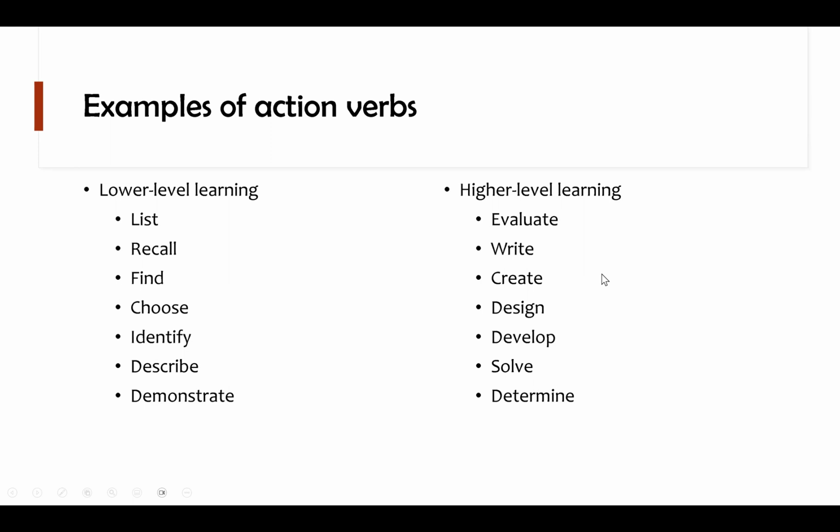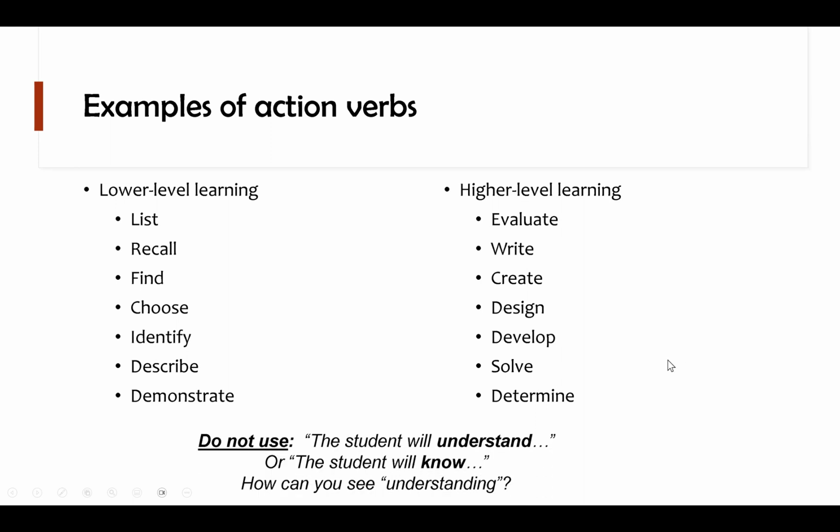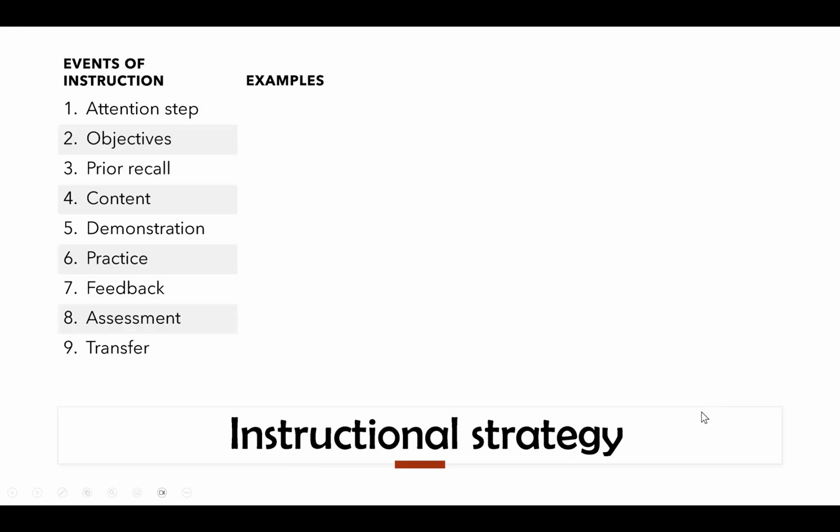If you're hoping to get the students to really hone their skills, then you're going to use higher level learning and some of these kinds of higher level learning verbs. And the one thing that we always try to discourage is the use of the student will know, the student will understand, the student will learn, because none of those things are something that you can observe. And a lesson objective is supposed to be something that you can actually observe.